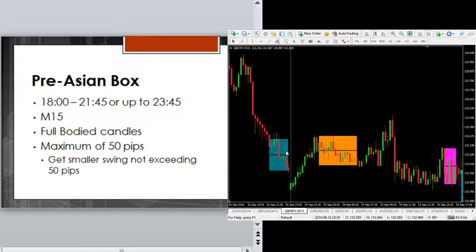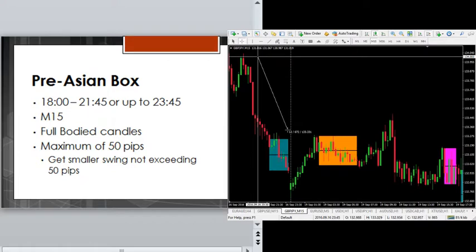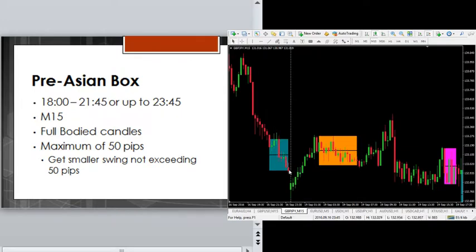The maximum for the pre-Asian box to be valid is only up to 50 pips. But there are times that during the time frame from 1800 onwards, there is high impact news, usually from the US. Just like the September 16 price action, your 1600 onwards had about a 100 pip run. So we are only considering the smallest swing that happened in the movement.